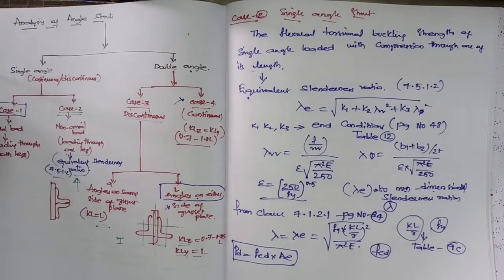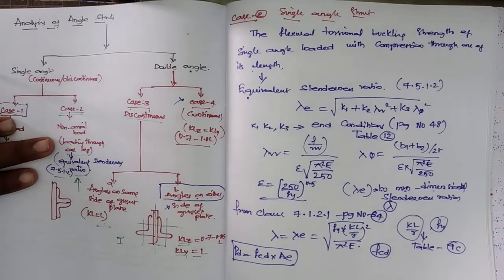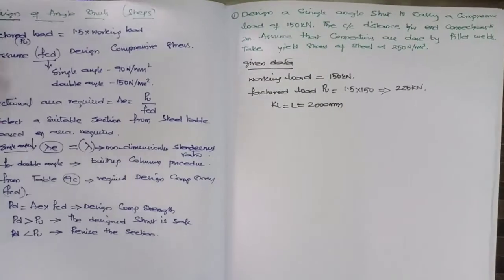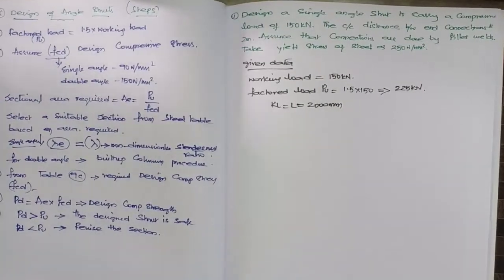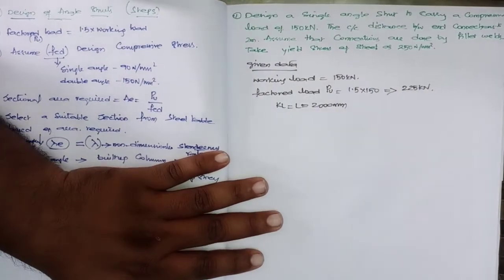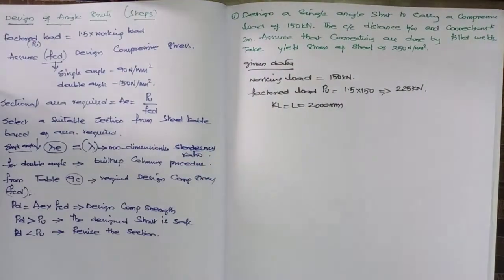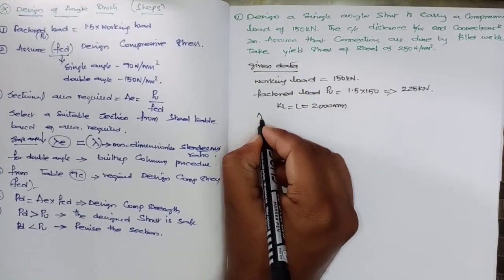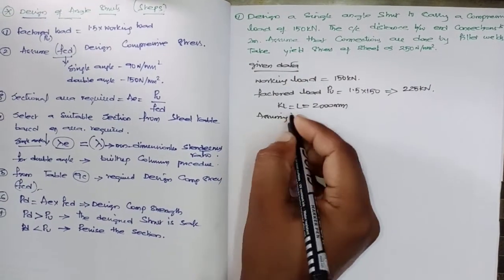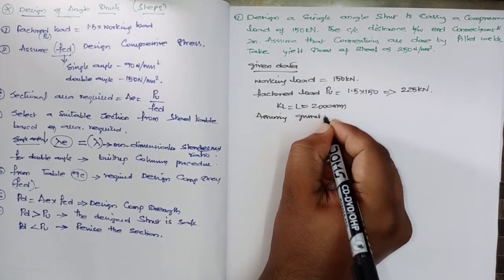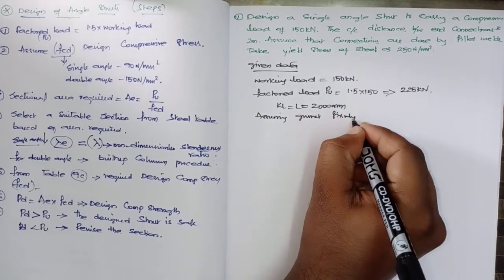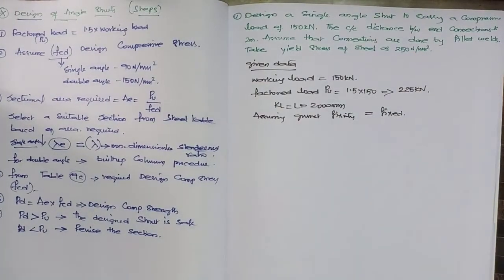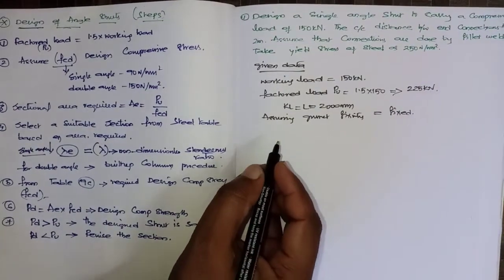Based upon that, I am taking KL equals L. And here the gusset fixity has not been given, so you can assume it. Assuming the gusset fixity as fixed.